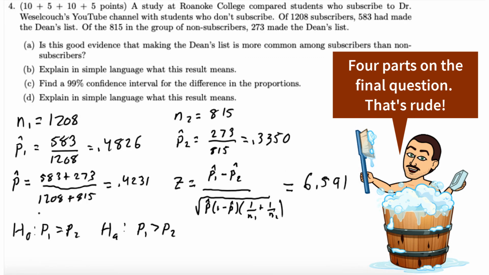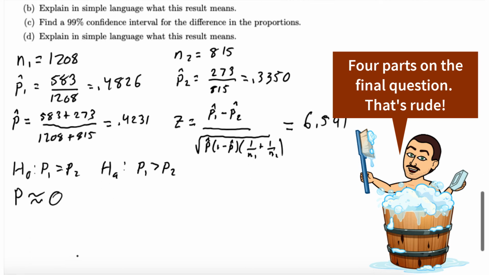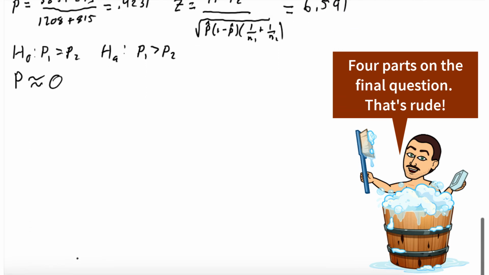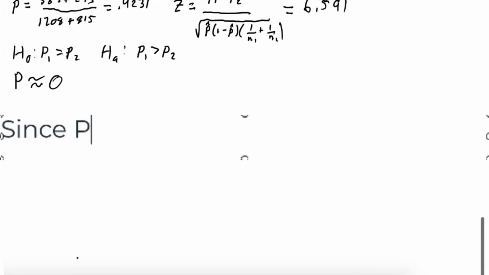Okay, so what does this mean? Well, p is approximately equal to 0. Again, what do we want to do? We compare it to the number 0.05. Is it bigger or smaller?